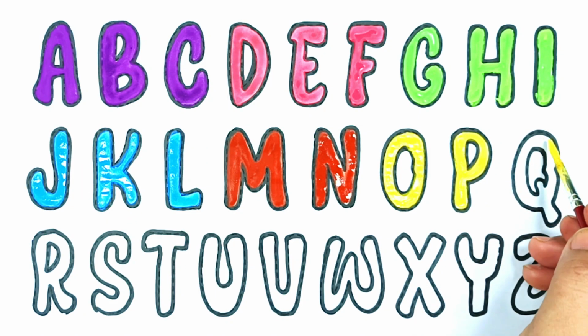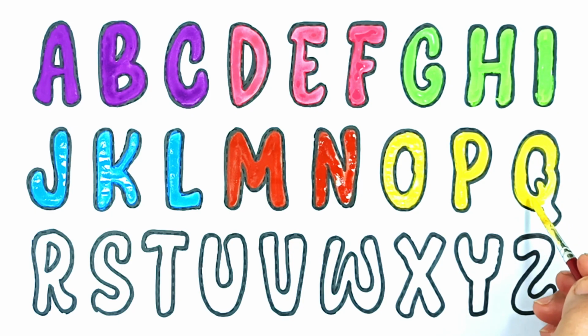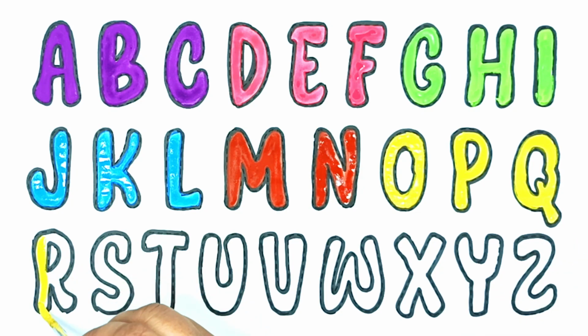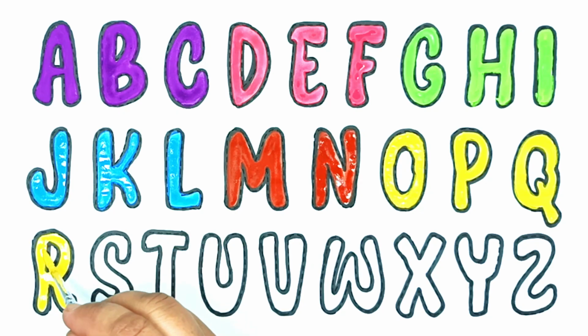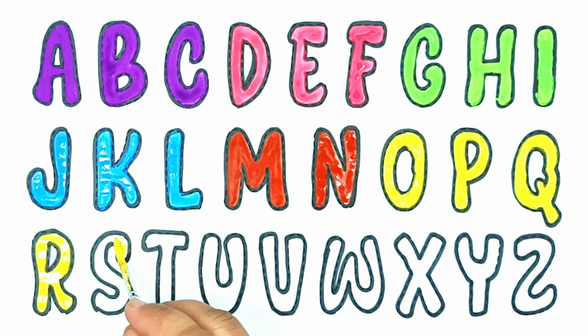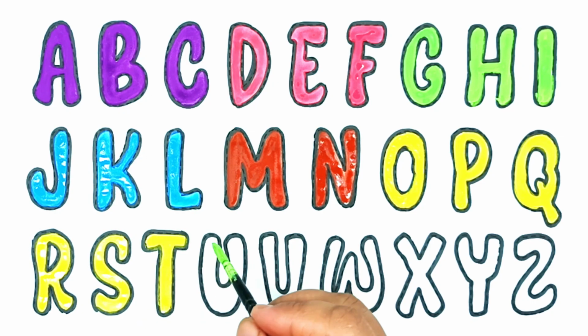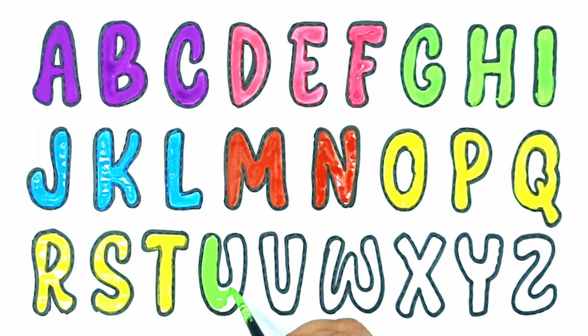P for pen. Q for queen. R for ring. S for star. T for train. U for umbrella.